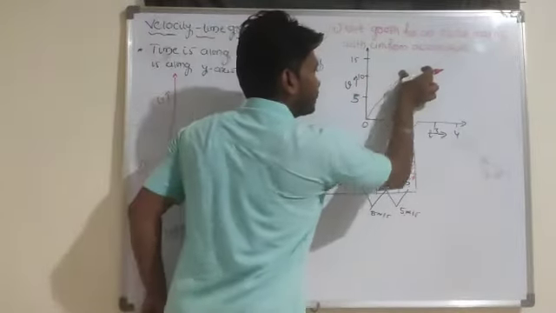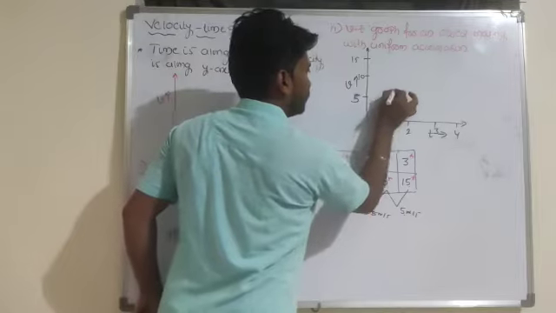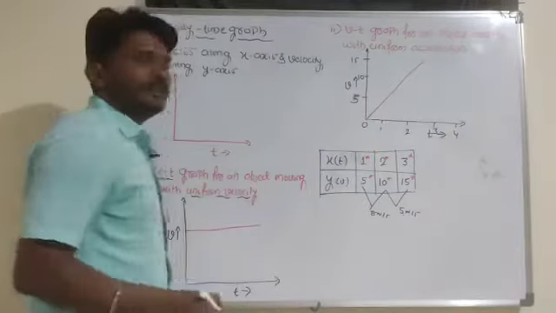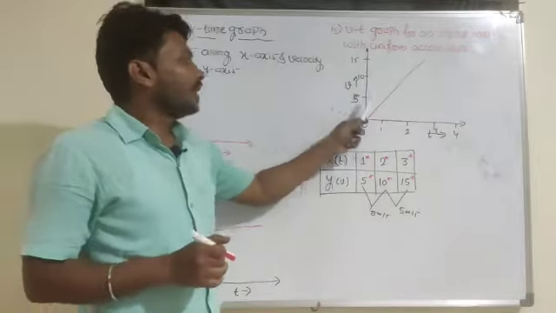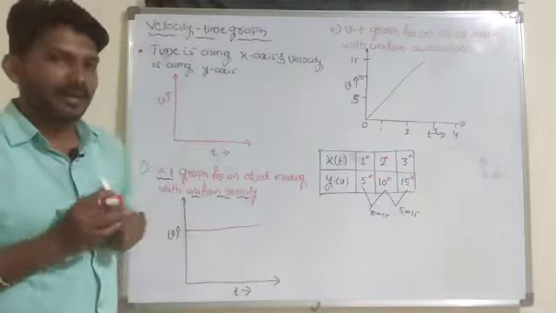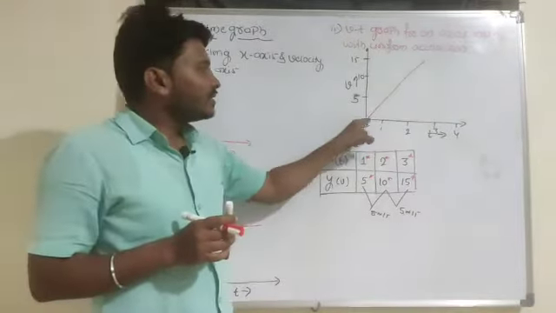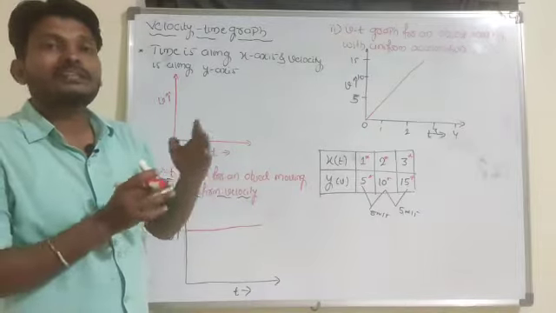So look here, I will redraw it. This is the nature of the velocity-time graph for an object moving with uniform acceleration. I said that if the straight line passes through the origin, we can call that graph a linear graph.